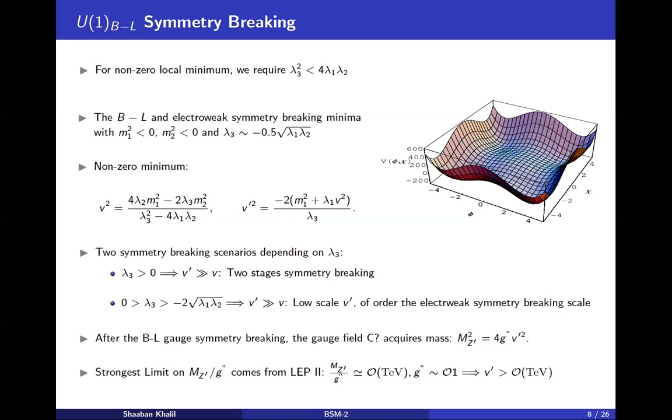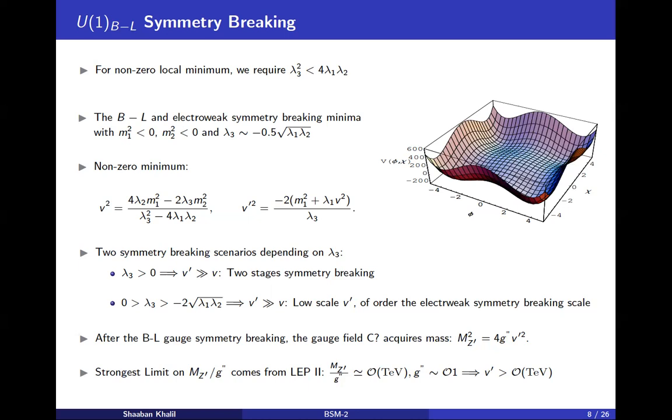So if you take the gauge coupling of order 1, then V prime or Z prime is of order TeV. But if you take g double prime to be 0.5, for example, MZ prime will be of order a few hundred GeV.